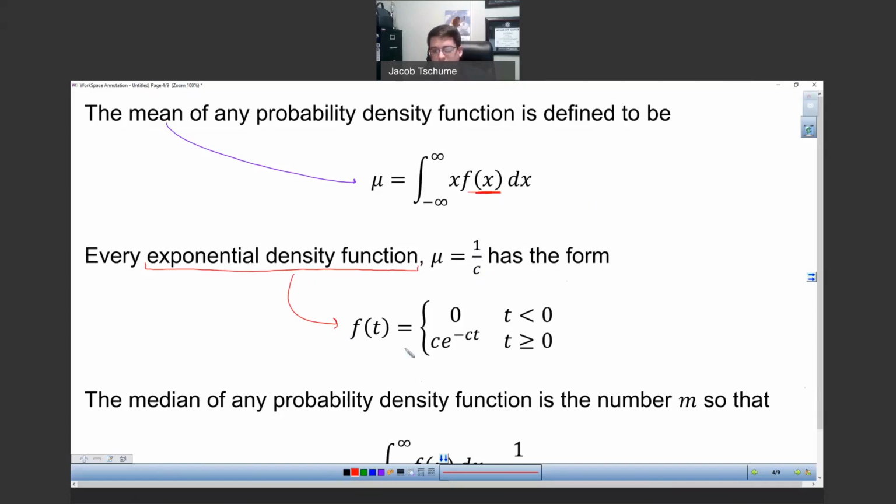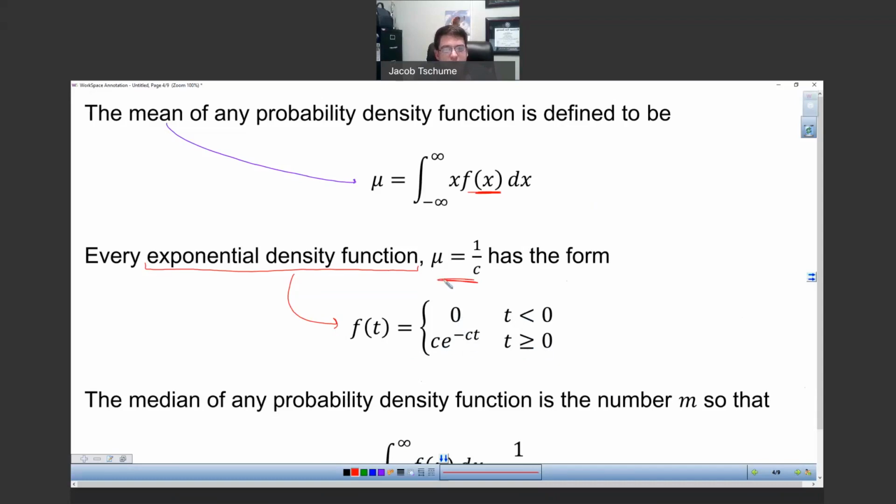But there's a slight problem. f of t is defined as the probability is 0 if time is less than 0. Now, that kind of makes sense. If anything is less than 0, it's impossible to work. But if we let t be greater than or equal to 0, it's defined as c times e to the negative ct. But what is c?